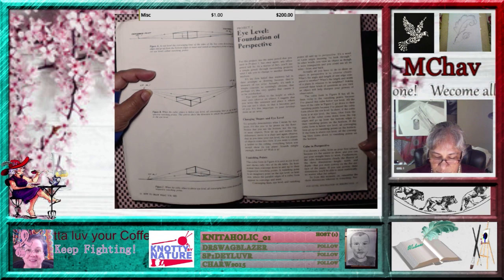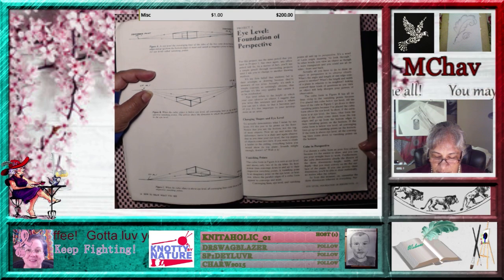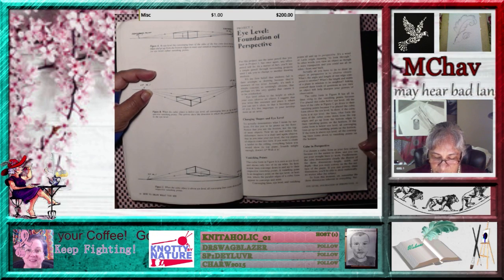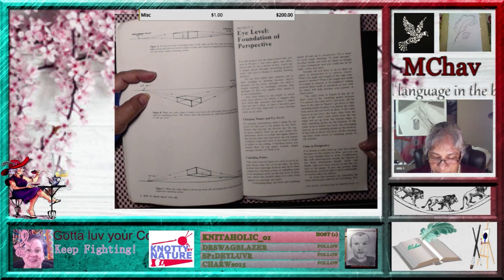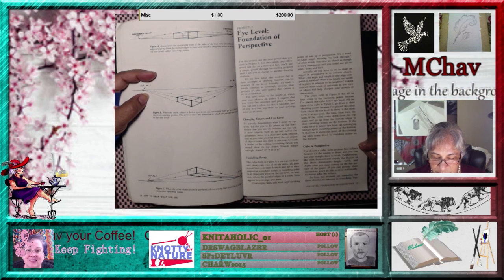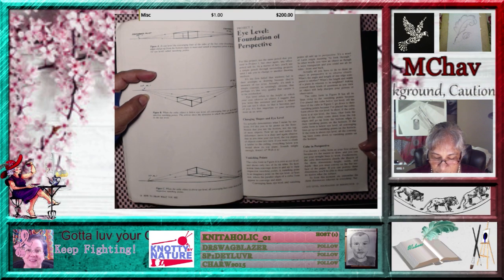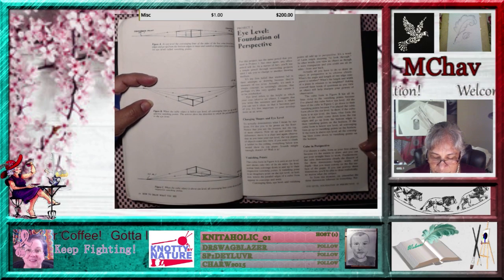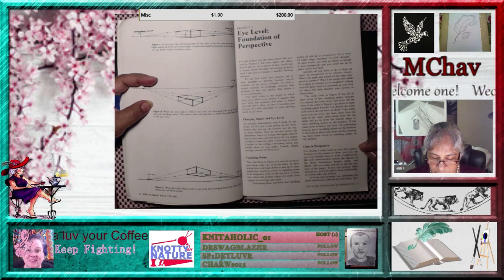Furthermore, the cube demonstrates clearly the illusion of three dimensions, height, width, and depth, that you must convey on the flat surface of the paper. If you can portray these dimensions, you'll be able to draw realistically, no matter what the subject. So from this moment on, remember the three dimensions inherent in everything.